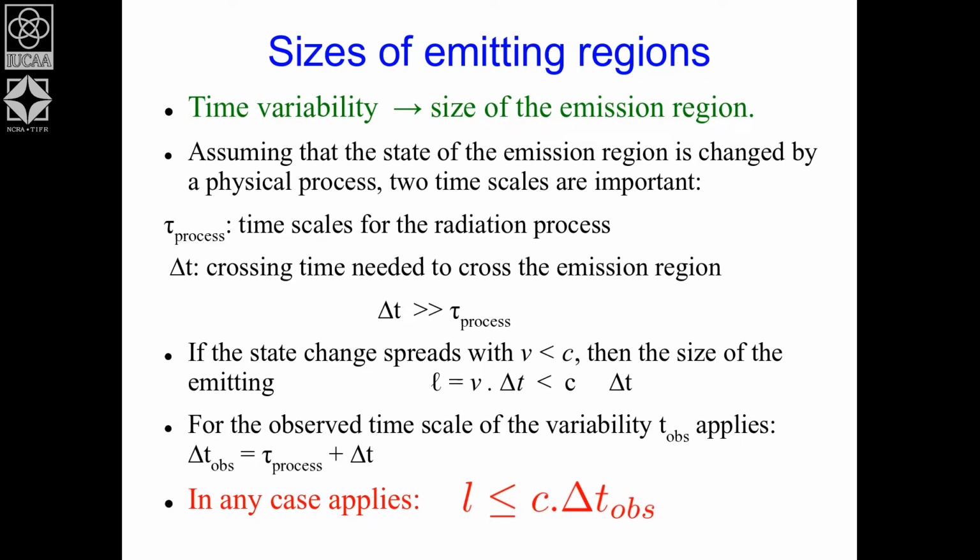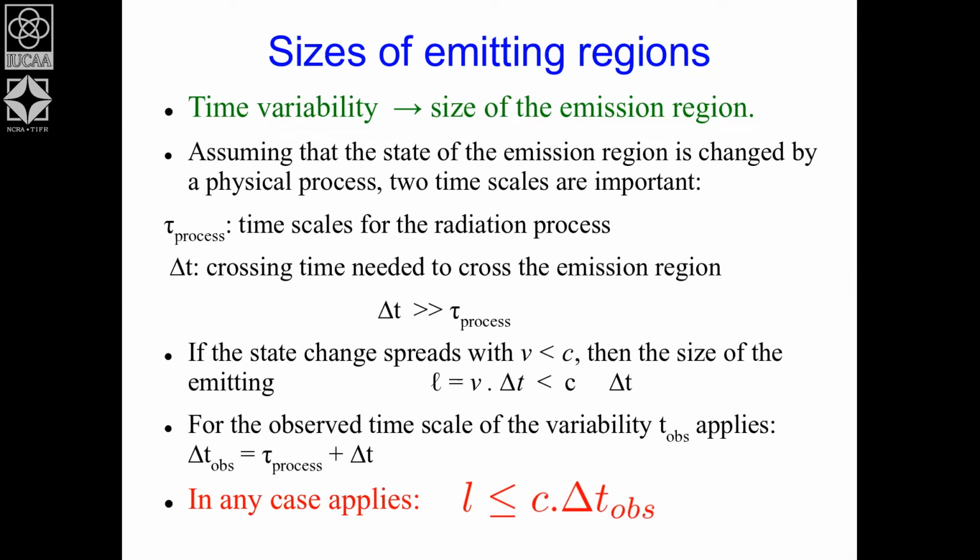And then the other time scale is the crossing time scale. Let's say we have some kind of a spherical region, just to assume, and imagine that something happens at the center, so that due to the change in the physical state of the object, the radiation increases due to some radiation process, and so there is a disturbance at the center.